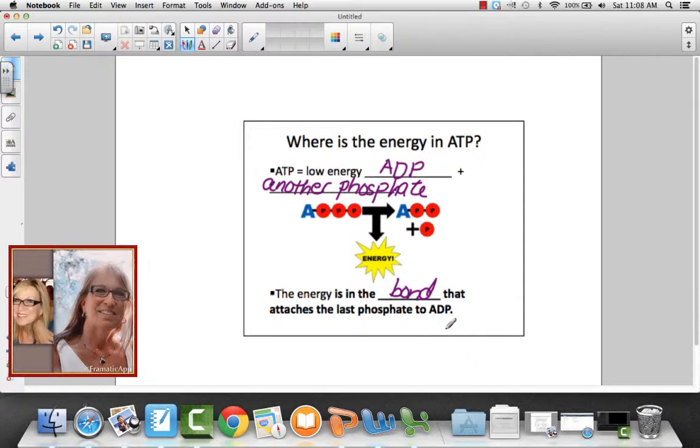So what happens is that the mitochondria uses the energy that it gets from the breakdown of glucose to bond that last phosphate to the ADP to make ATP.